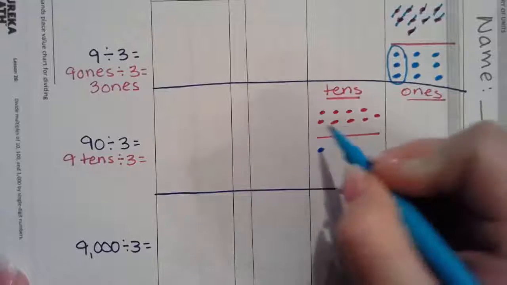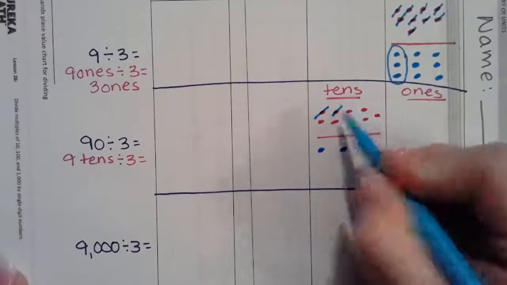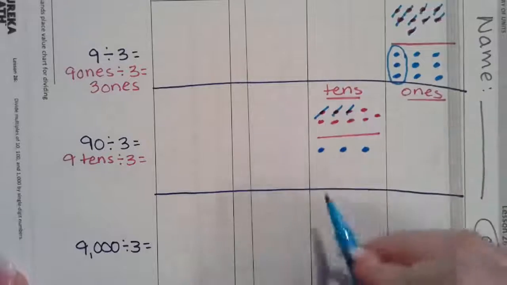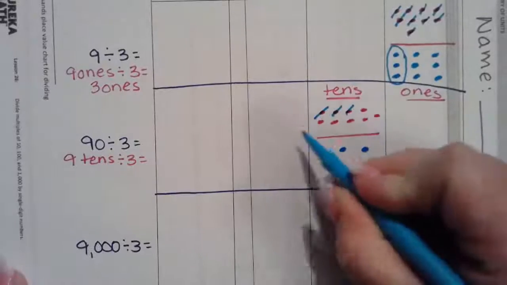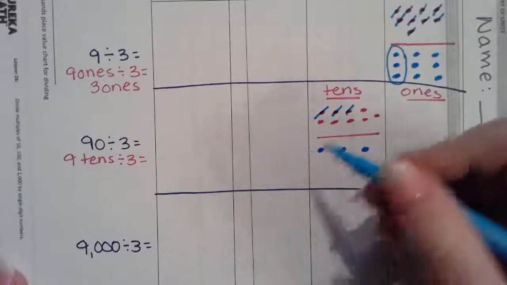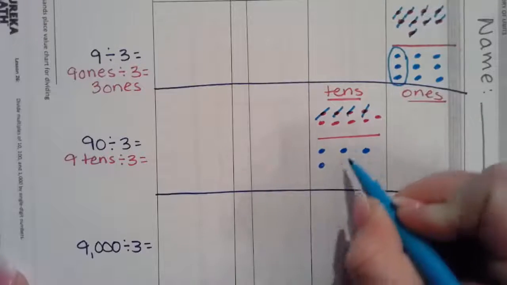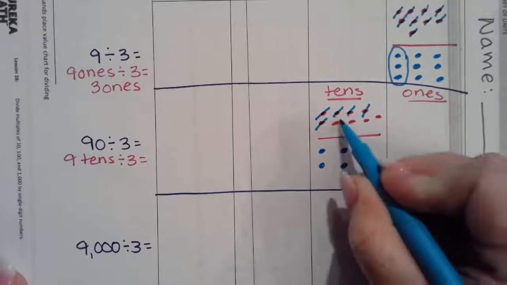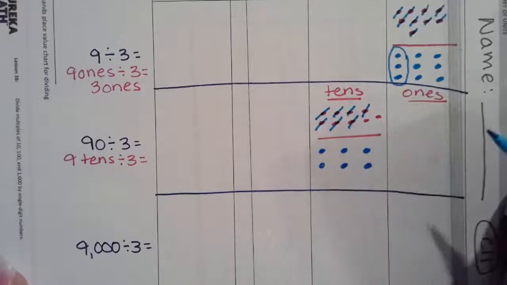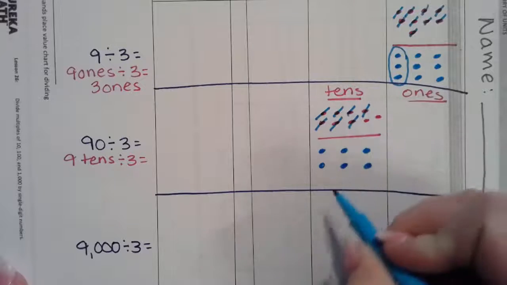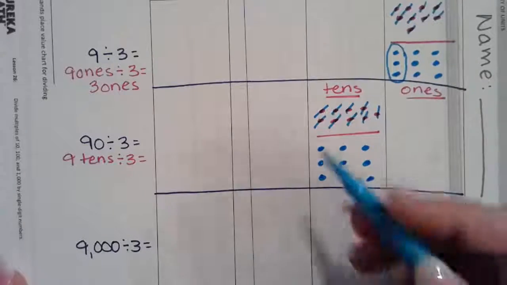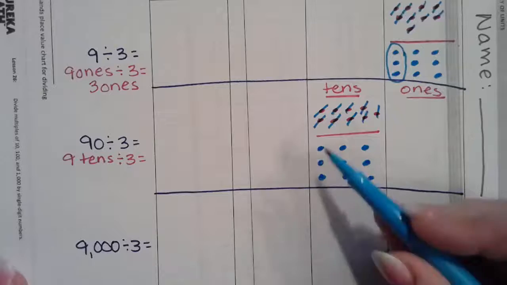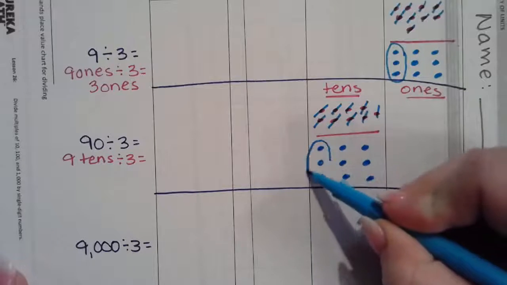Alright, so we've got 1, 2, 3, and there are 3 groups, we're dividing by 3, so there are 3 groups, 1, 2, 3, and I'm going to keep going until all of my 9 tens are crossed off. Oop, I got ahead. There we go.